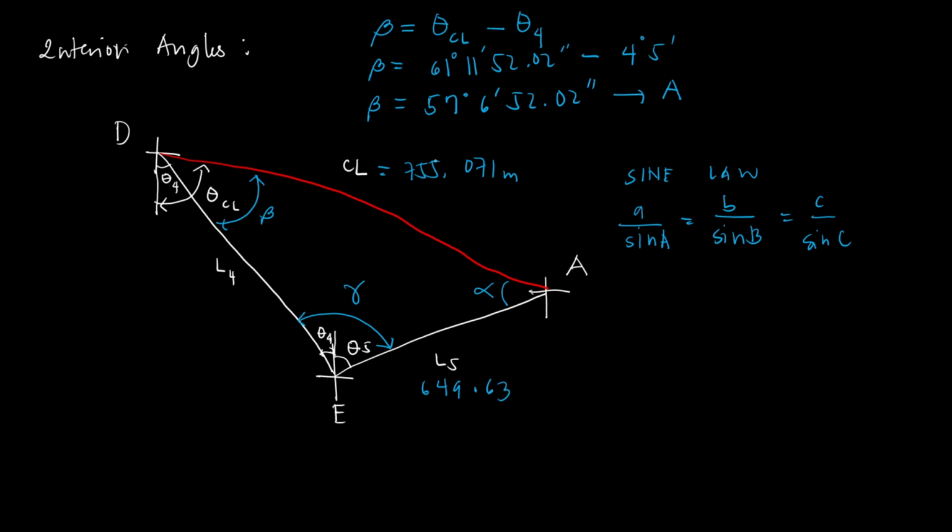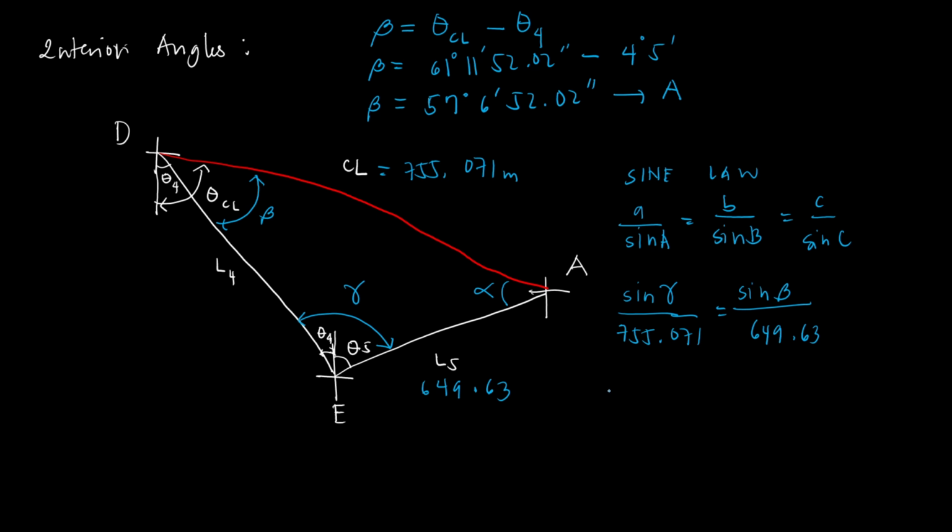So, pwede natin gamitin itong CL and L5. So, sine gamma, yung kapartner niya is itong CL, 755.071. And then, ang pwede nating i-partner dyan is equal to, since nakuha na natin yung beta, sine beta divided by, ito yung length, 649.63.